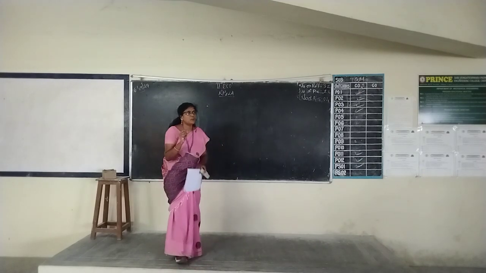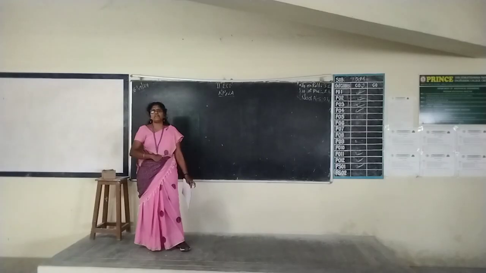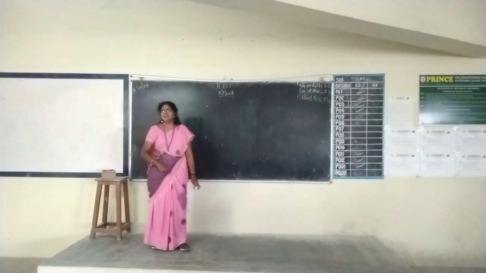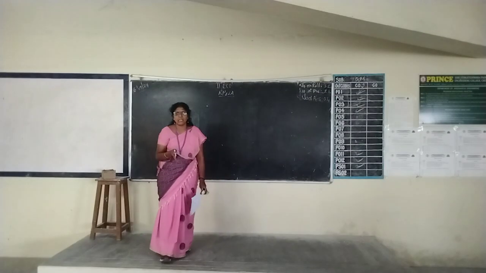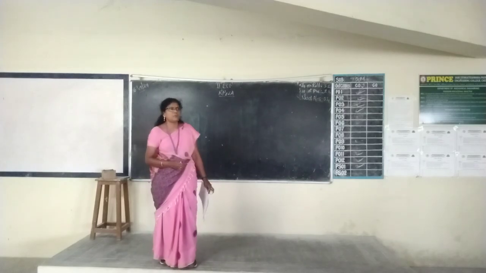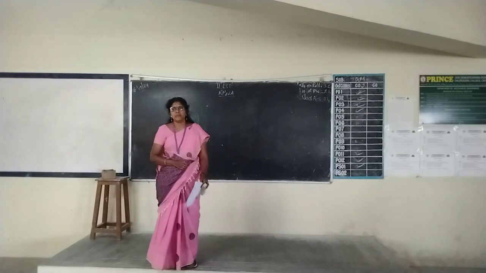Here what you are supposed to prove? Intersection. What is the meaning of intersection? Common. It finds the common elements. Okay, so start with the proof. Proof.